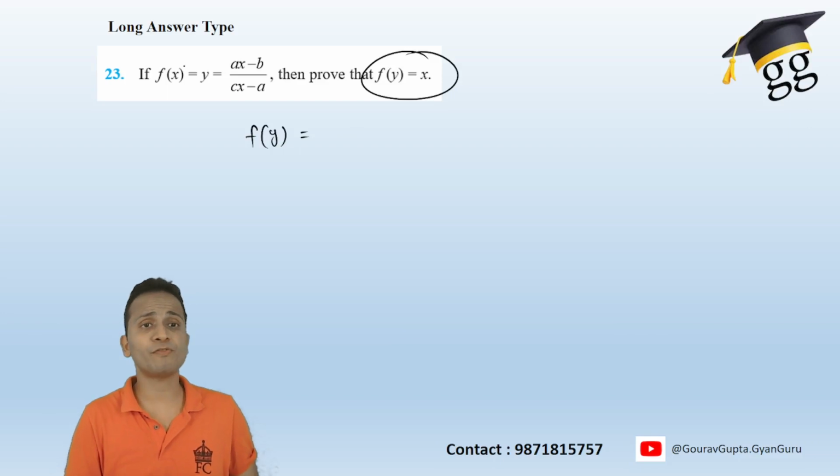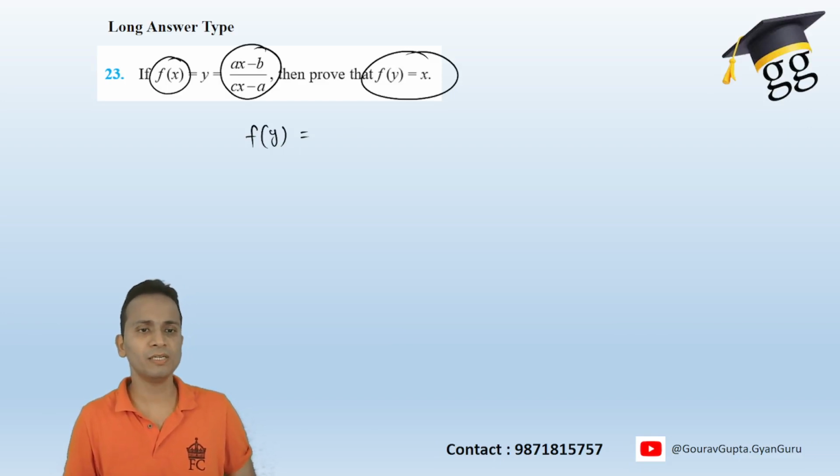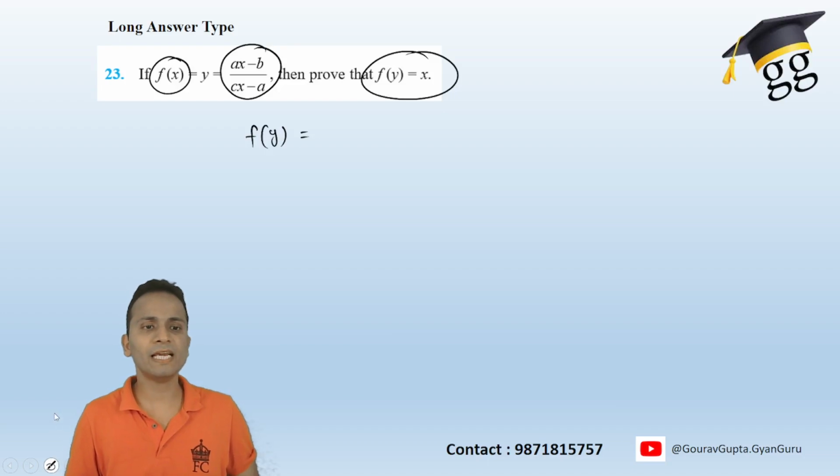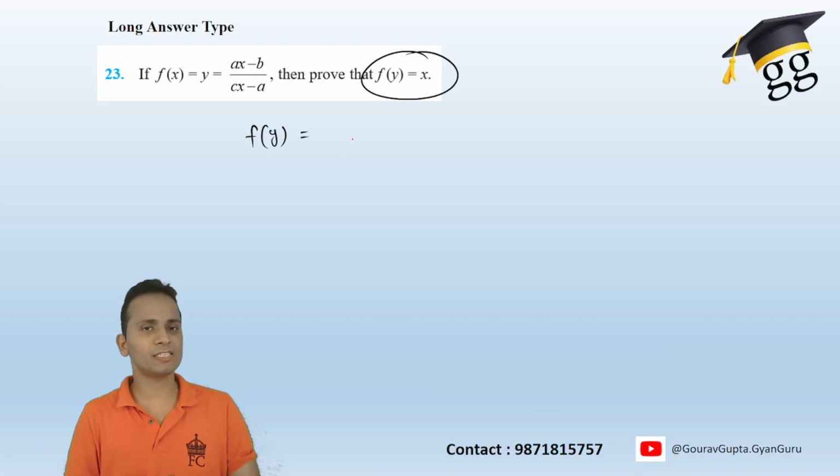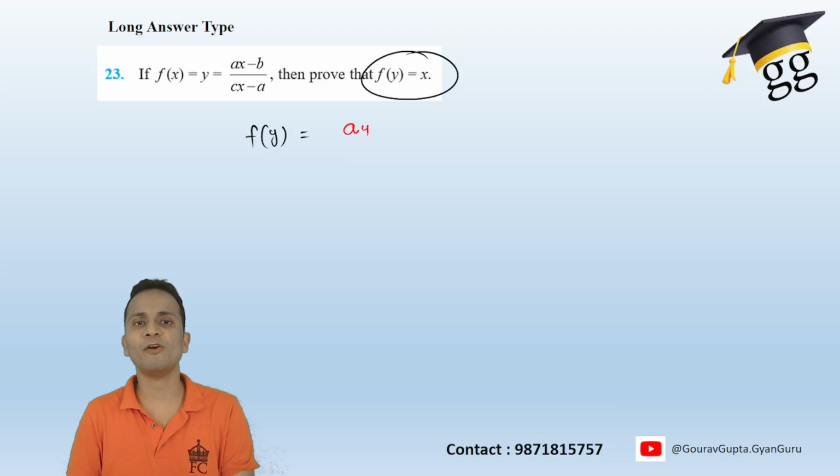How can we write f of y? We have f of x as ax minus b upon cx minus a. So, f of y will become, instead of x, just write y in the same function. So, it will be ay minus b upon cy minus a.